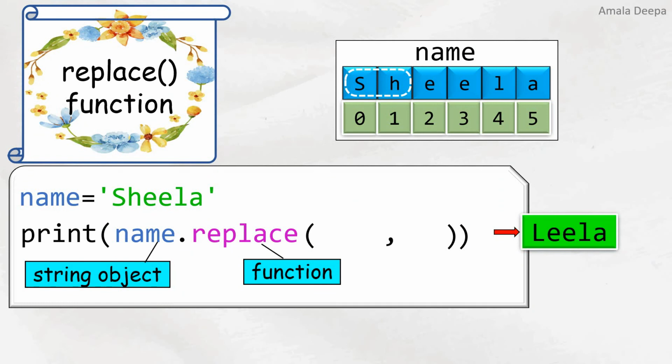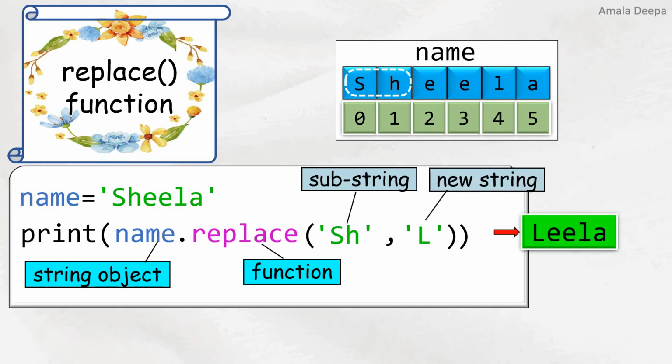First is going to be the string SH, and the second parameter is going to be the string L. SH is the substring, and L is the string with which the substring should be replaced. So L can be called the new string. So this replace function will replace the string SH with another string L, so that this print statement will give the output as Leela.